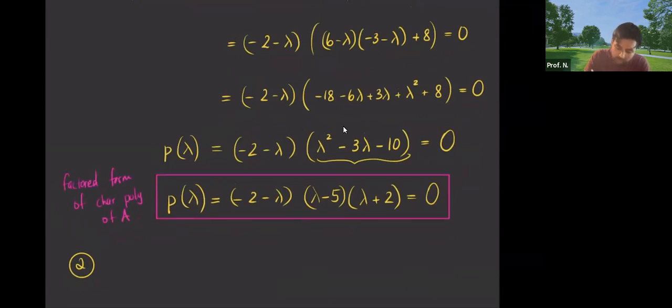So what are the solutions or the roots of the characteristic polynomial? So lambda is equal to what? Again, the roots are the eigenvalues.